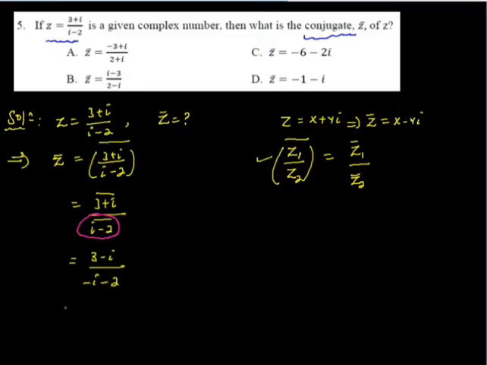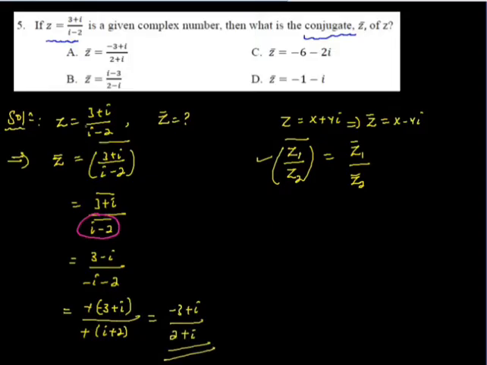You can factor out negative from the numerator. It becomes minus of i minus 3, or 3 minus i. And whenever we factor negative from the denominator, it becomes i plus 2 or 2 plus i. Now negative by negative, it becomes 3 minus i over i plus 2.